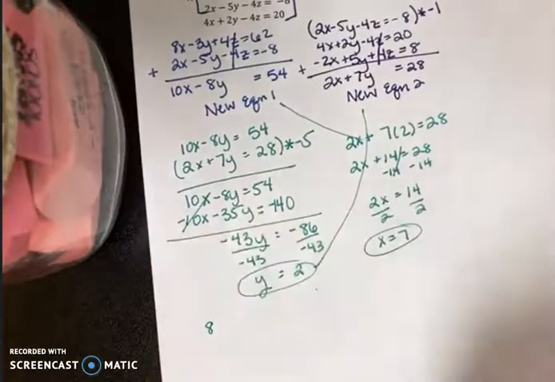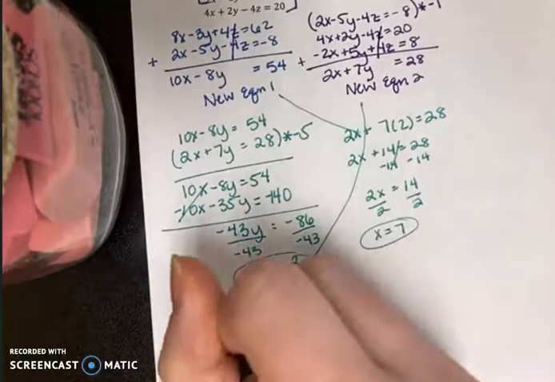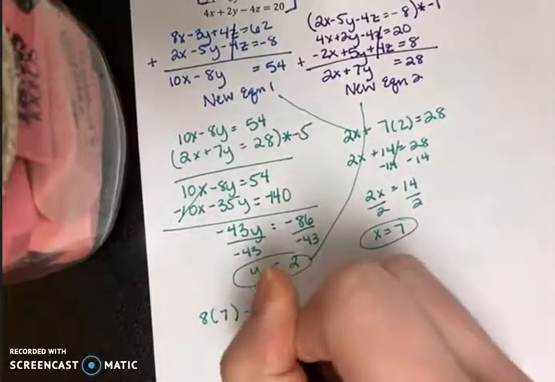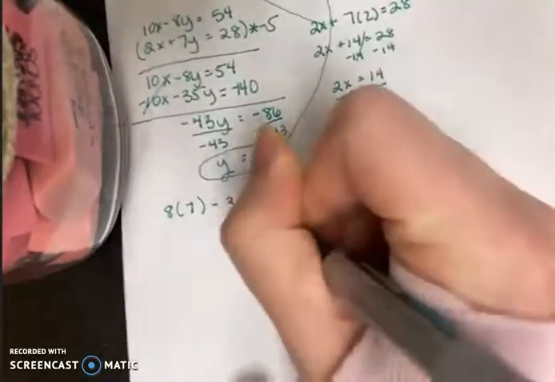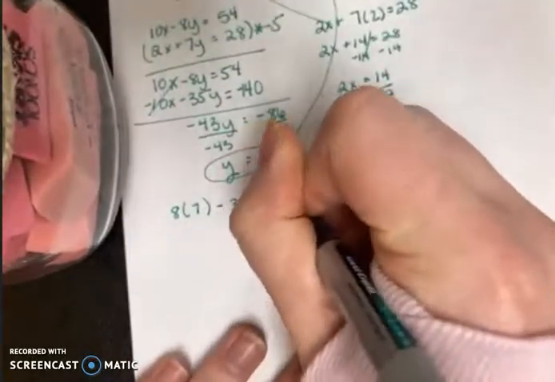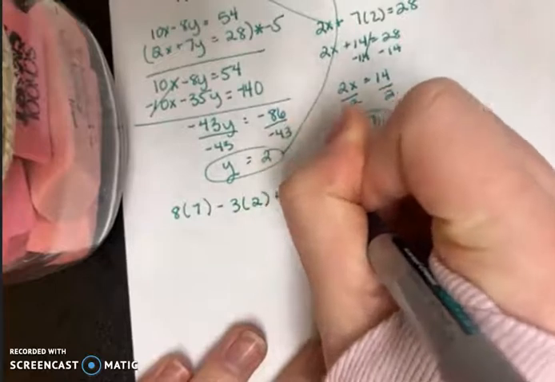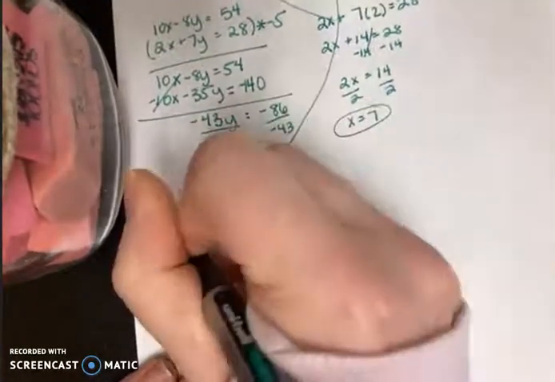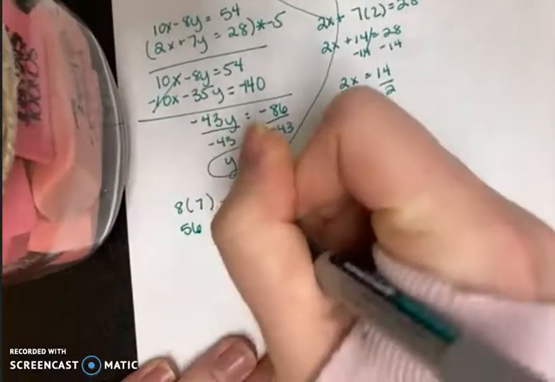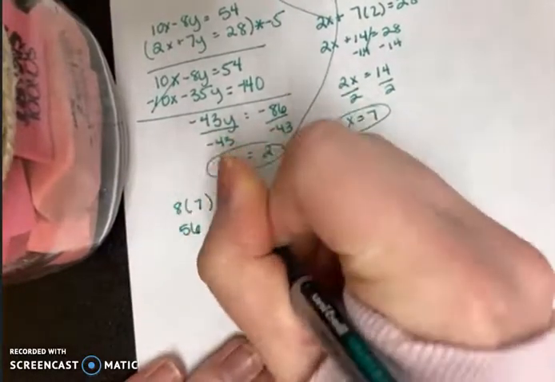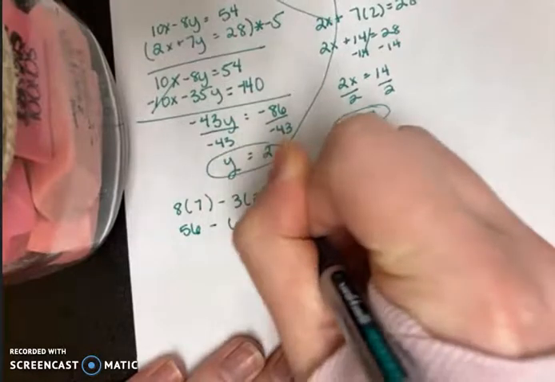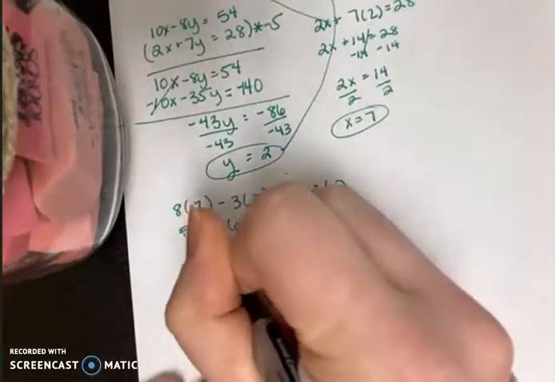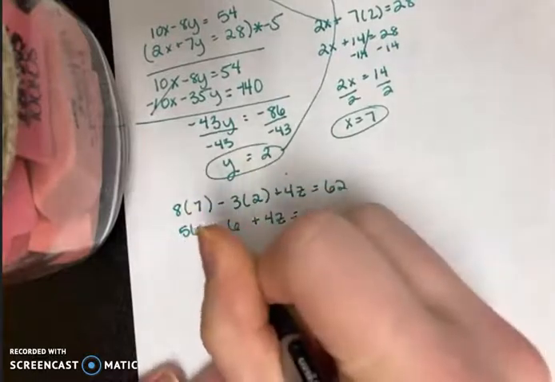It's 8 times x, which is 7, minus 3 times y, which is 2, plus 4z equals 62. 8 times 7 is 56, minus 3 times 2 is 6, plus 4z equals 62. 56 minus 6 is 50.